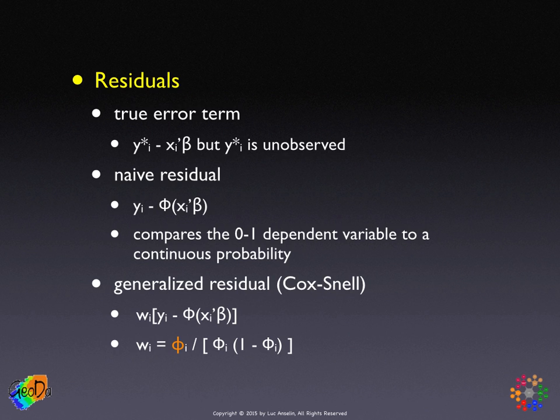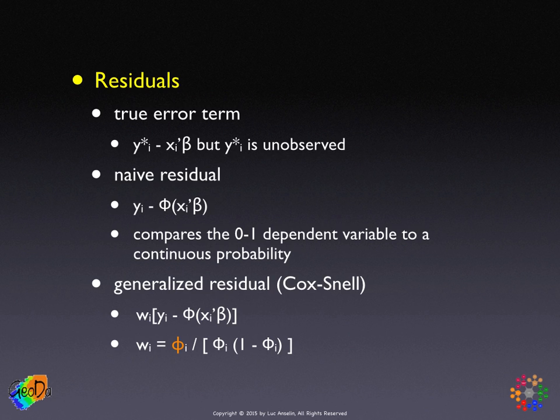So we can take a naive residual, which is 1 or 0 minus the probability that we get from the cumulative standard normal, so y sub i minus phi x sub i beta, or we can use this concept of a generalized residual, which is a weighted or scaled version of the naive residual.